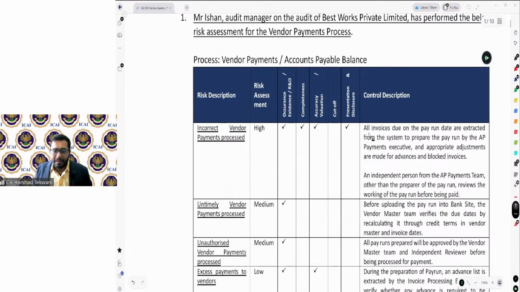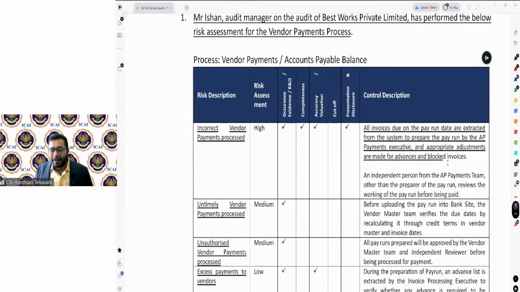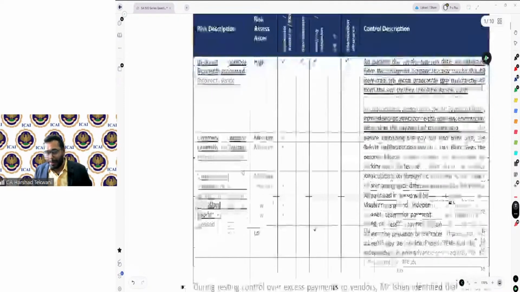Now there are certain controls mapped here. The first control is that all invoices due on the payment date are extracted from the system to prepare the payment file by the AP payments executive, with appropriate adjustments made for advances and blocked invoices. An independent person from the AP payments team, other than the preparer, reviews the working before being paid.